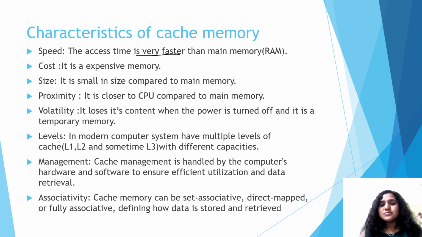Associativity: cache memory can be set-associative, directly mapped or fully associative, defining how data is stored and retrieved. So these are the types of mapping functions. That is the use of mapping functions: we are telling how the data is stored and retrieved from the cache memory. For that purpose, we are using the mapping functions.